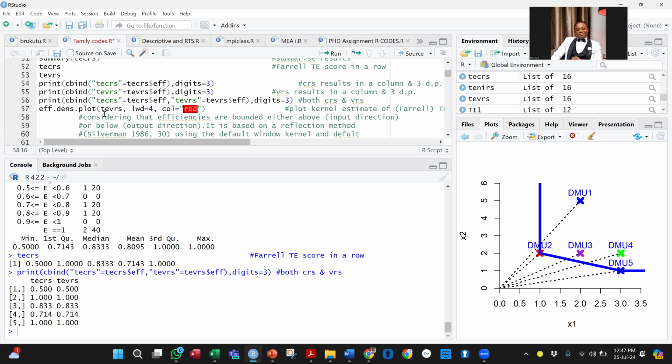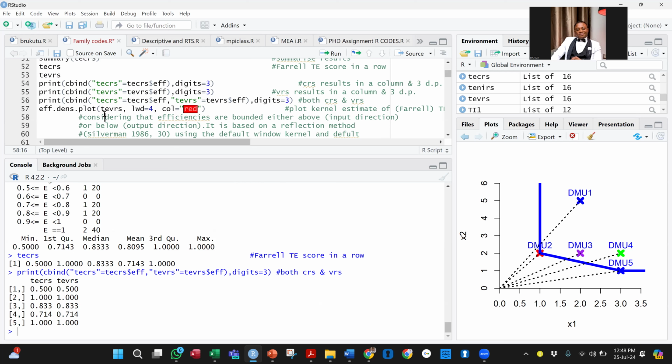What is the difference? The first one, which is the overall technical efficiency, is infected with size. It incorporates elements of size. But the pure deals with pure technical efficiency.